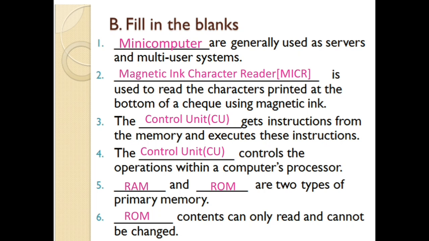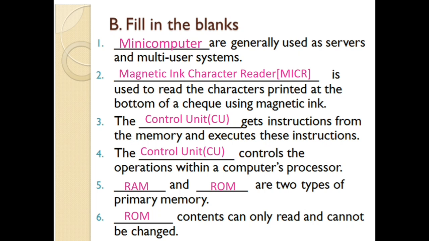So minicomputers are generally used as servers and multi-user systems. Magnetic ink character reader is the answer for MICR. The control unit gets the instruction from the memory and executes these instructions, and controls the operations within a computer processor.